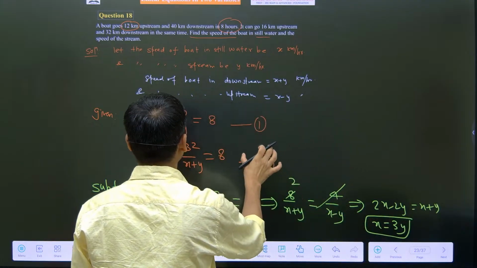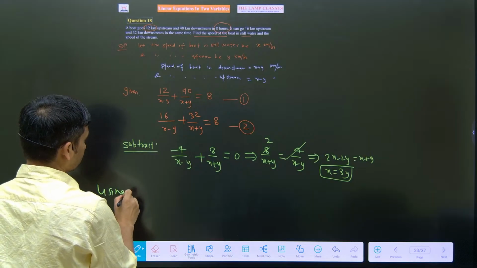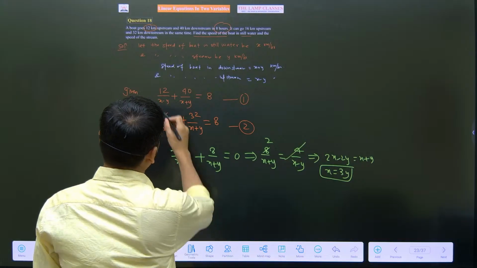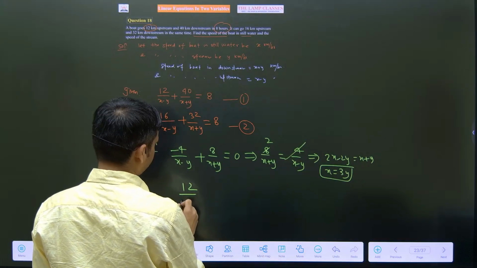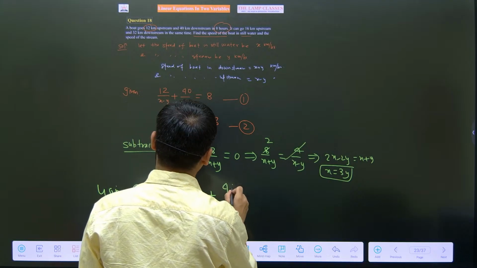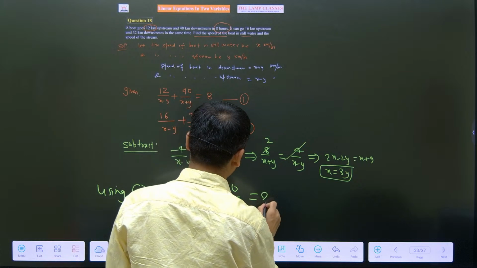Can we put x is equal to 3y in any one of the equations? So using equation number 1, 12 upon 3y minus y plus 40 upon 3y plus y is equal to 8.